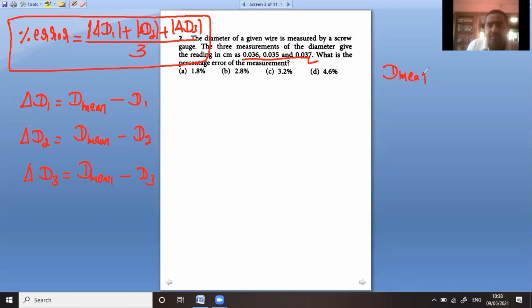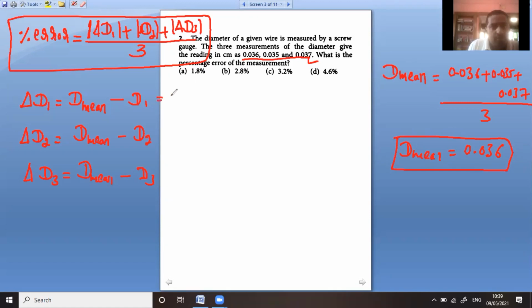The mean diameter is equal to d1 plus d2 plus d3 divided by 3. So that means 0.036 plus 0.035 plus 0.037 divided by 3. Then the mean diameter is equal to 0.036. Okay, this is the mean diameter.